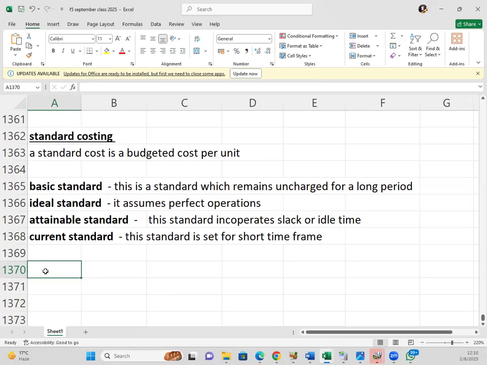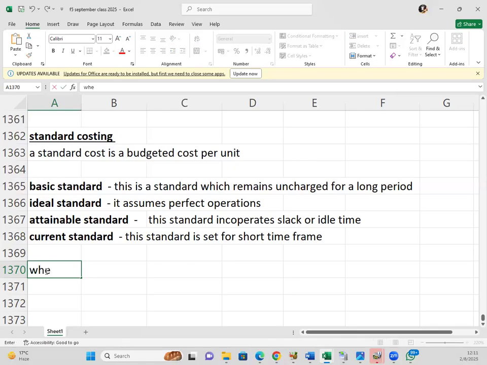We then later compare the standard with the actual. If there is a difference, then there is a problem.